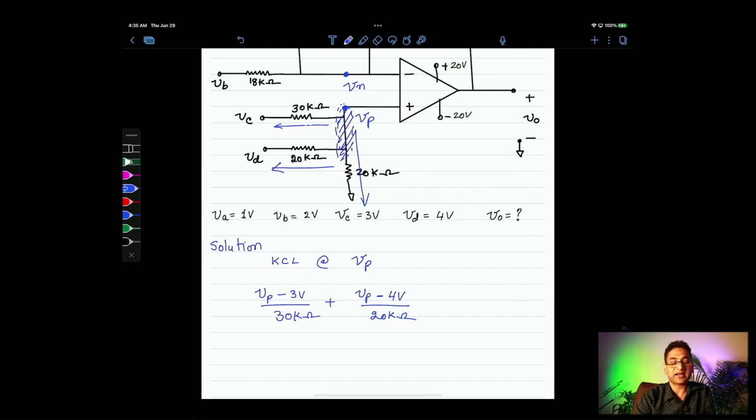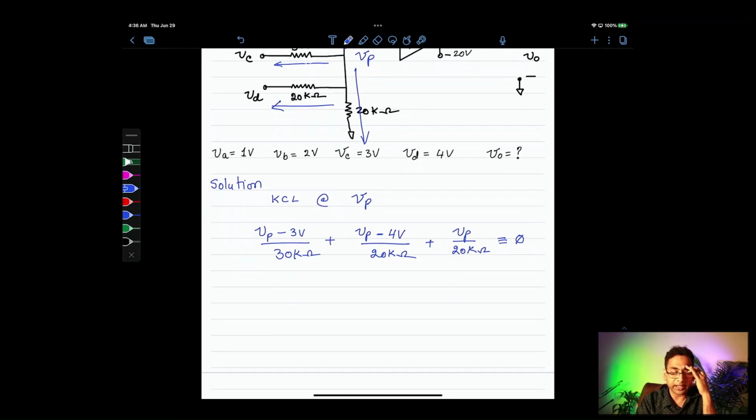All of that is the same node. So let's not forget the third branch as well. The third branch current going down is what? Vp minus 0, because this is connected to ground, divided by 20 kilo ohms. According to Kirchhoff's current law, all the currents leaving, if you add them up, equate to 0.